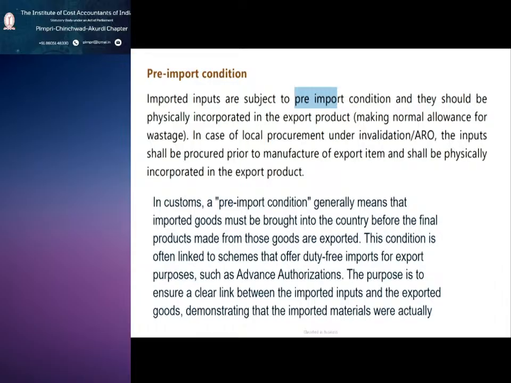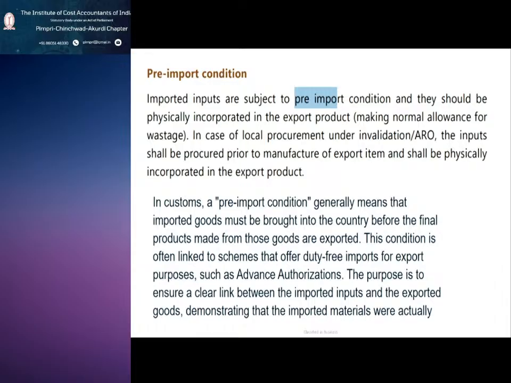As a layman, the first point tells that the imported inputs are physically incorporated, and the second point is about local procurement. So where are we going to import? Are we going to purchase locally? You may get something contradictory here. But what exactly does the foreign trade policy say in case of local procurement?